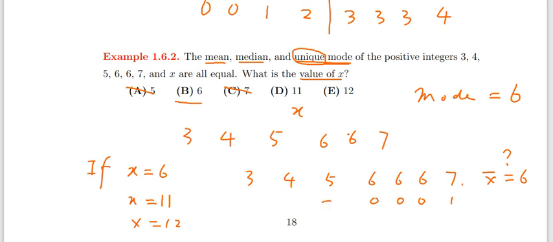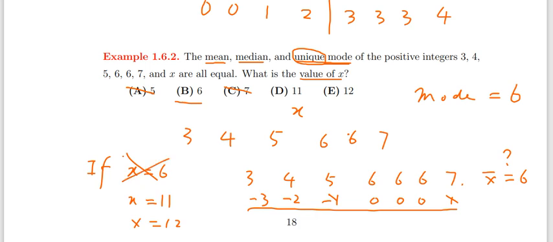And then this becomes -1, this becomes -2, -3. We just set 6 as our base number. So from here we can say their average is not 6, because if the average is 6, then adding those numbers up should give 0. But here it is not 0. So x equals 6 does not work.